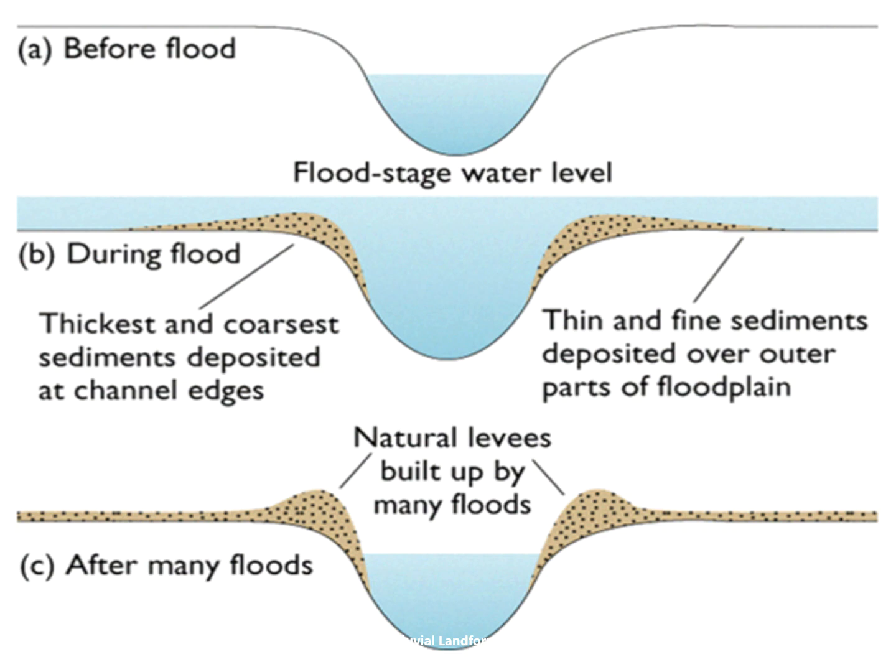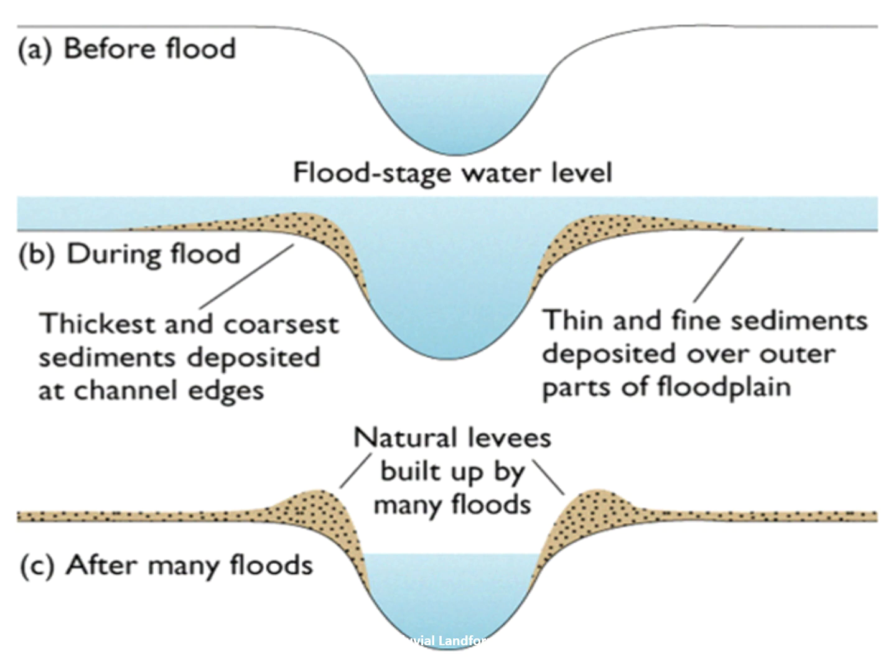This diagram shows how natural levees build up along the sides of a river channel. This diagram is a bit similar to what we saw in the floodplain landform, but this particularly focuses on the formation of the natural levees.